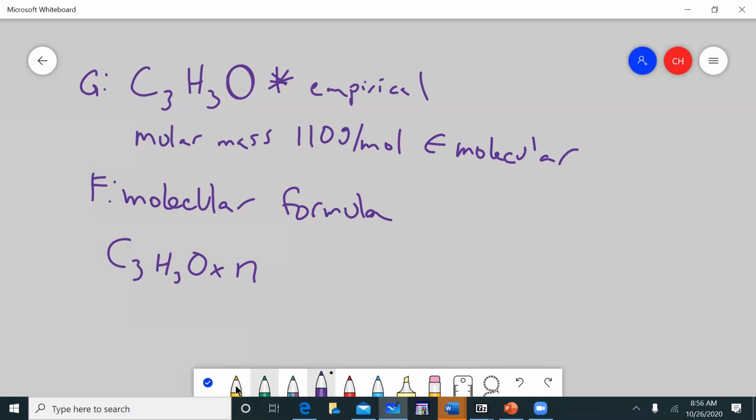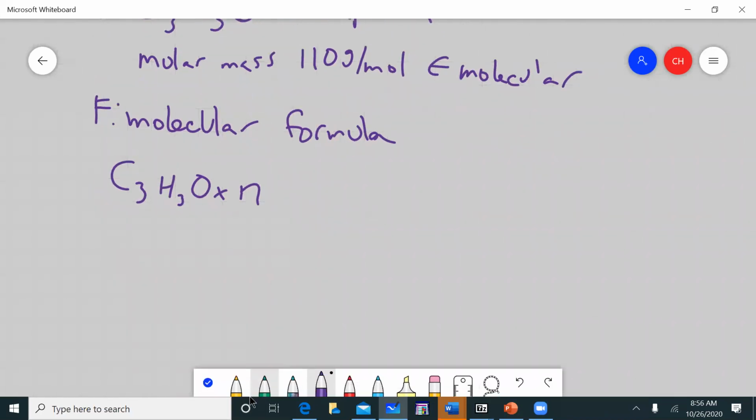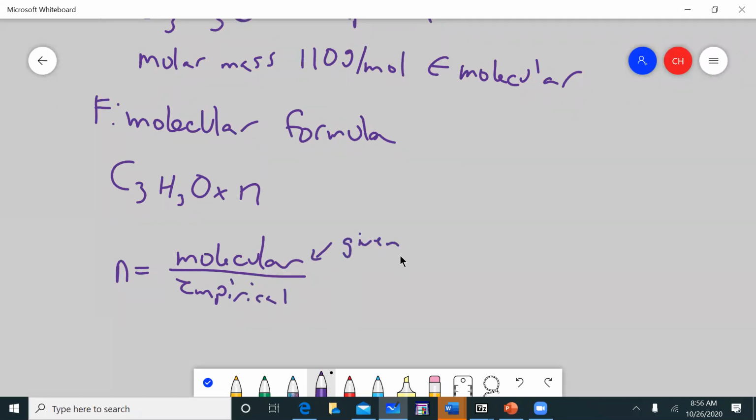Now, in order to find my value N, I need to figure out how much bigger the molecular molecule is than the empirical formula. So N is equal to molecular over empirical. Remember, molecular is given, empirical you calculate. So my molecular was 110 grams per mole.